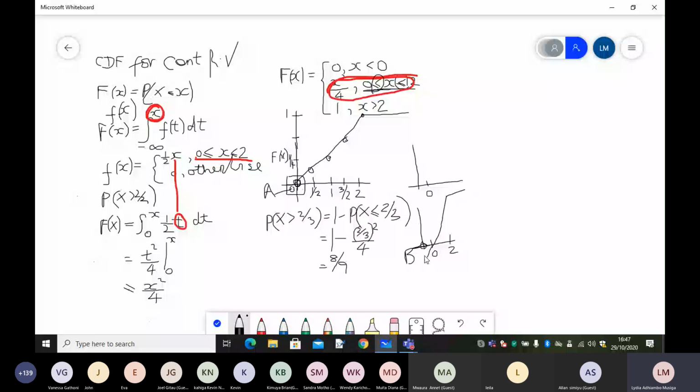So that is how we would handle the cumulative distribution function for a continuous case, for a continuous random variable. I don't know whether I gave you a question for practice on the discrete case.